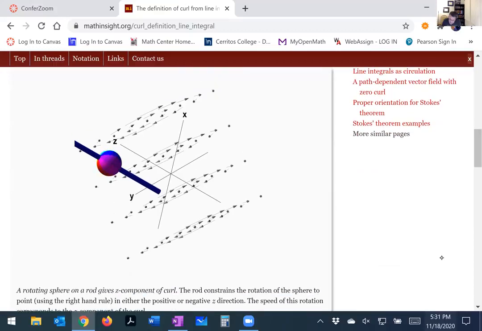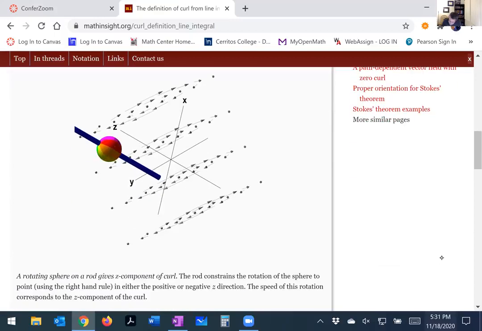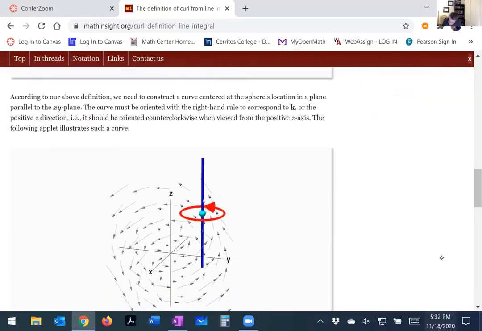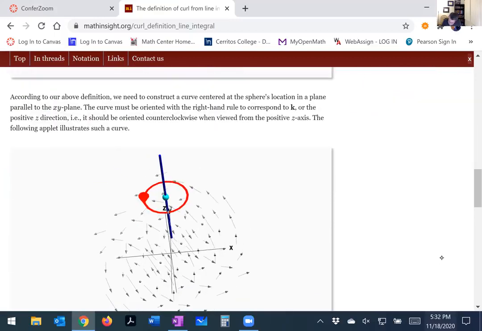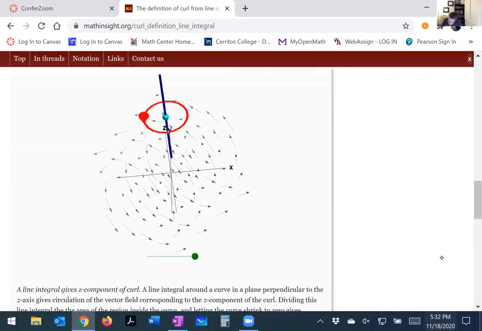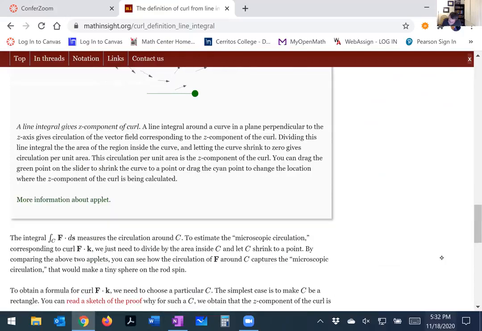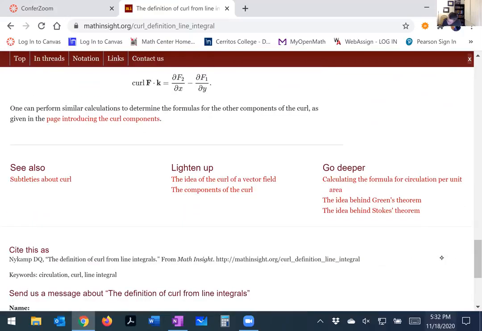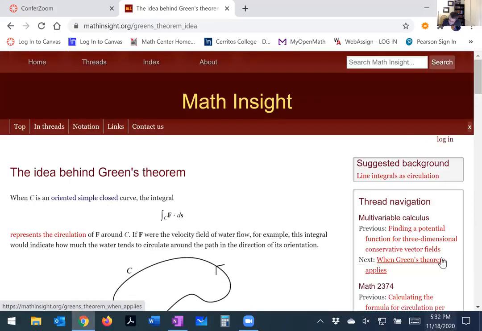So it's called Math Insight. You know, they have these little apps. So it's like, oh, it curls around that. It curls around, okay, in this fluid, because this all comes to us from the fluid dynamics and stuff. And it gives you the idea behind Green's theorem.